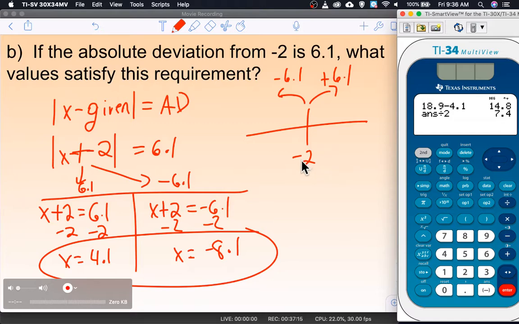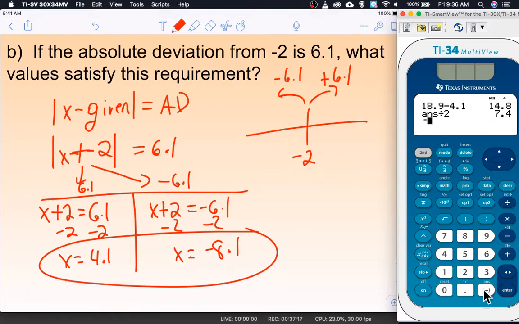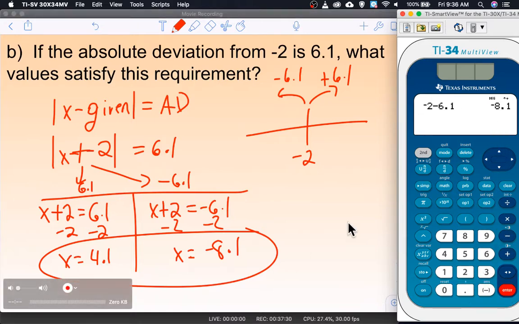And guess what? From -2, if I go up by 6.1 units, I'm at positive 4.1. But if I'm at -2 and I go down by 6.1 units, I'm at -8.1. So this is the expected result. We're practicing solving the equation way, but this is a good mental check that you're doing the right thing.